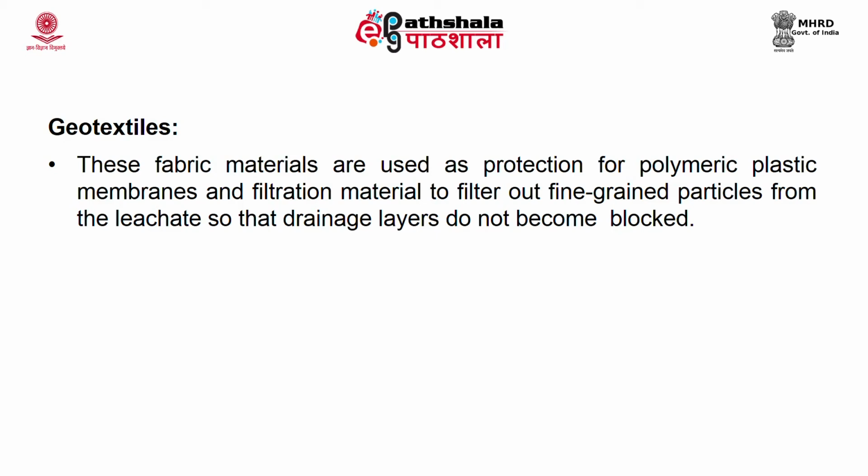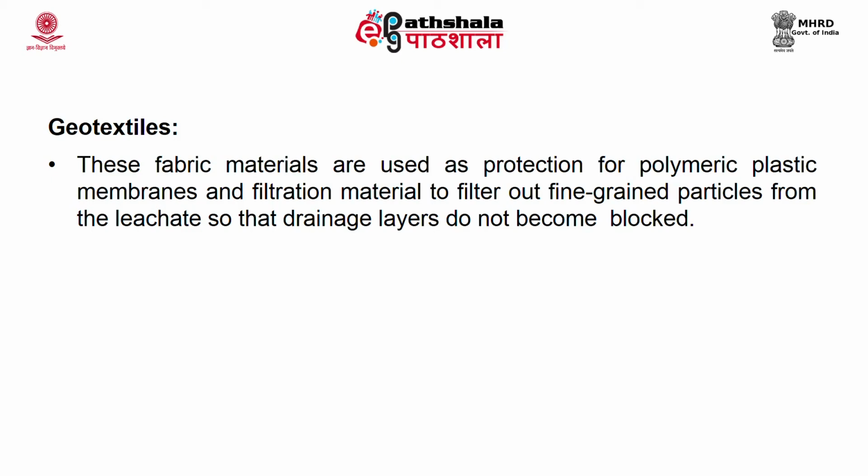So, it can act as a protection layer for these materials. Also it can be used as a filter material, which means the leachate collection system or the drainage system which you have can be lined with geotextile. When it is lined with geotextile, the smaller fine grained particles which are produced during the waste degradation will obviously be carried along with the leachate. The leachate has to enter into the leachate collection system.